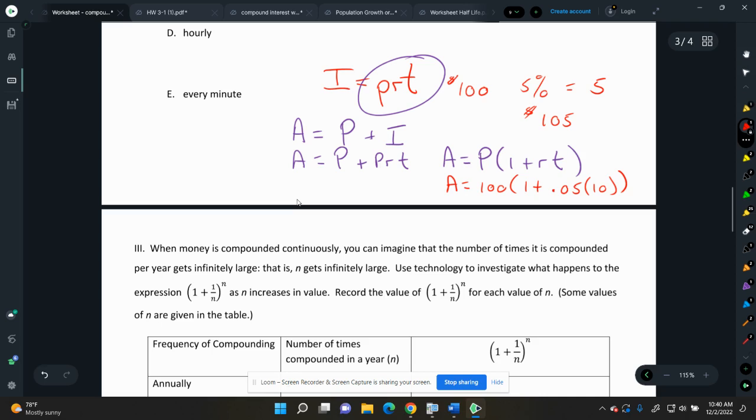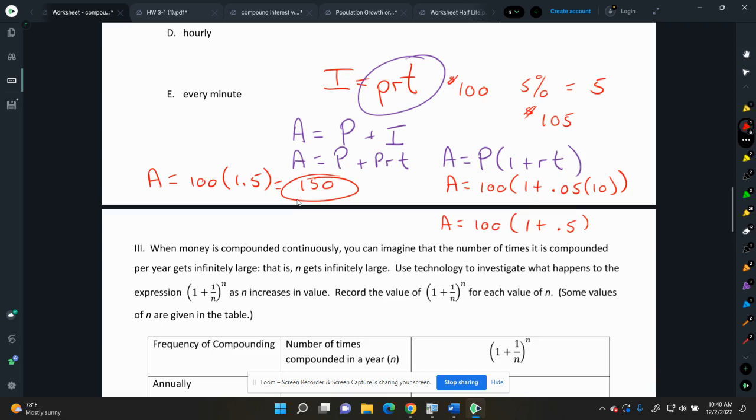So that's going to be 100 times 1 plus 0.5. So that's 100 times 1.5, which is $150. That's how the formula works. Now we did that in our head because it's an easy number. $100, I'm making $5 a year. 10 years, that's $50, right?